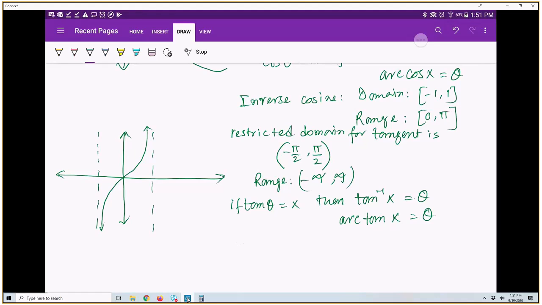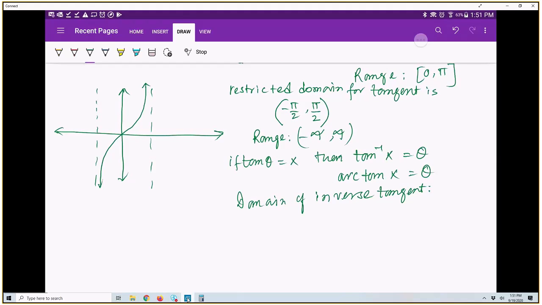The domain of the inverse tangent function is going to be the range of the tangent function, so it's -∞ to infinity, and the range of the inverse tangent is the domain of the tangent, but in the restricted situation, so it's -pi/2 to pi/2. So that's our basic setup for understanding inverse trigonometric functions.